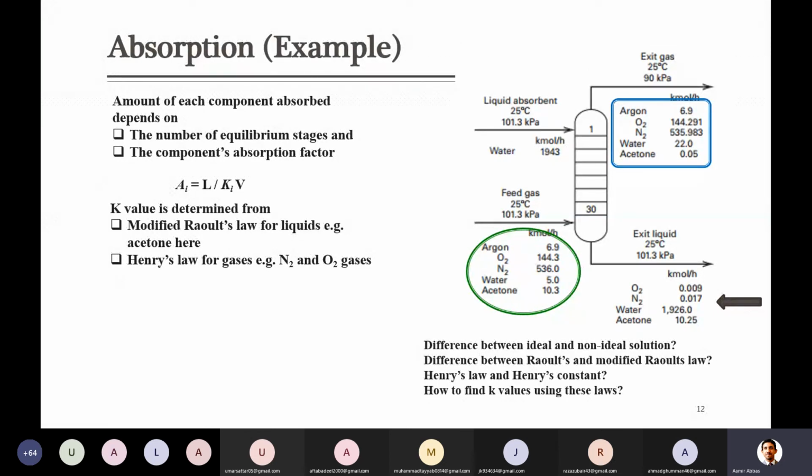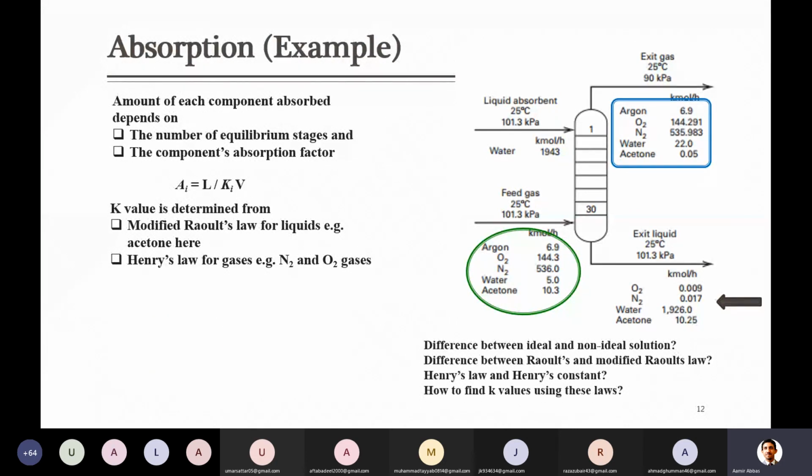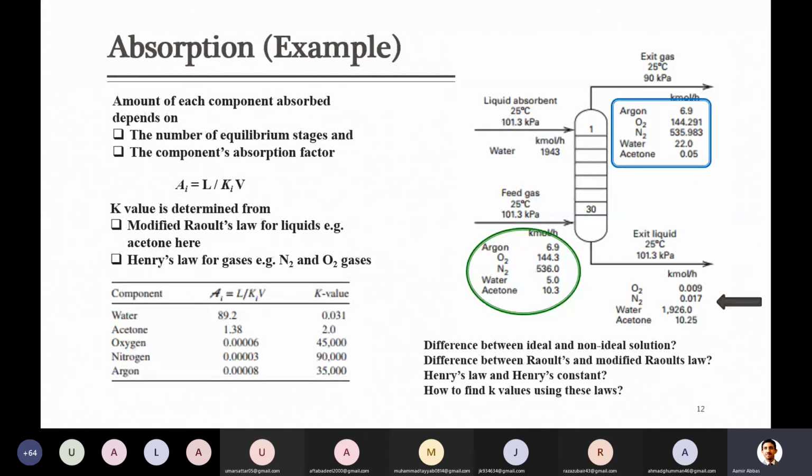What is the difference between Raoult's law, modified Raoult's law and Henry's law? What is the Henry constant, and how do you find K values using these laws? When you know the equation, you can definitely find the K value, but before that you should know the equations of these laws and in what cases they are used.